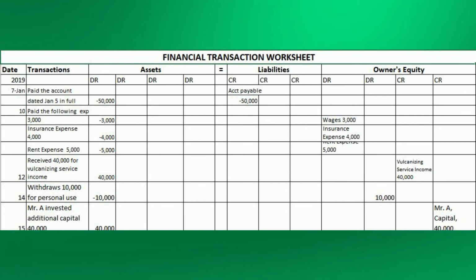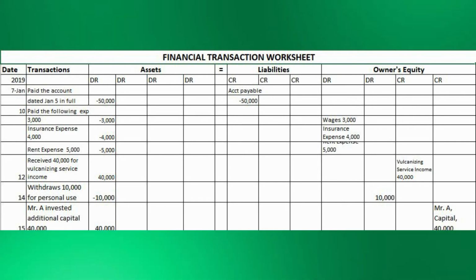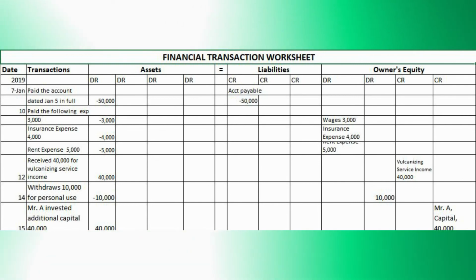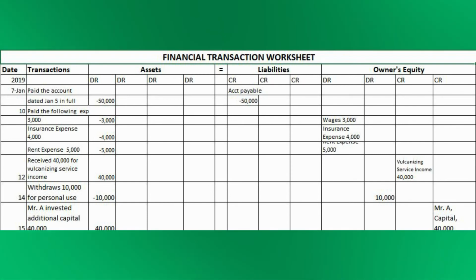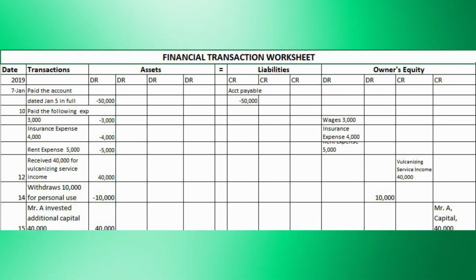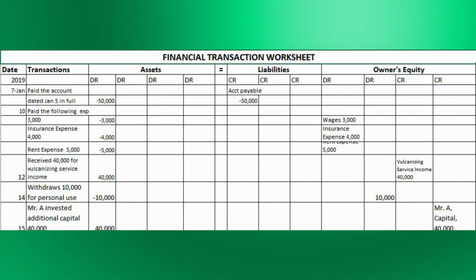So drawings are decreasing our owner's equity. And on the 15th, additional capital, you have an increase of cash and an increase also of owner's equity under the capital account title.